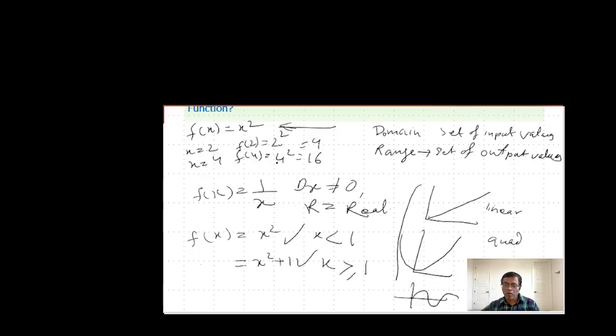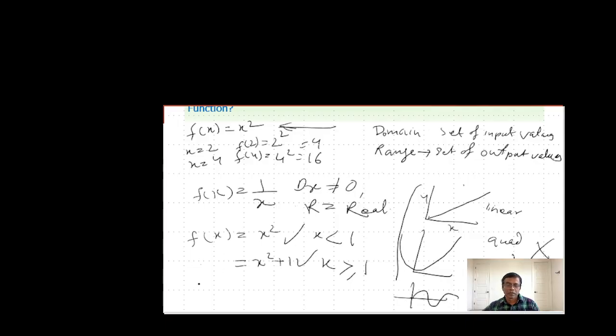For example, in all these cases, for every value of x there is only one value of y. But let's look at another example. Let's look at this, x equal to 1. Here I see two values of y, so this is not a function.